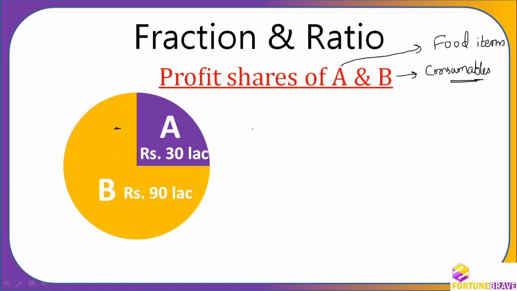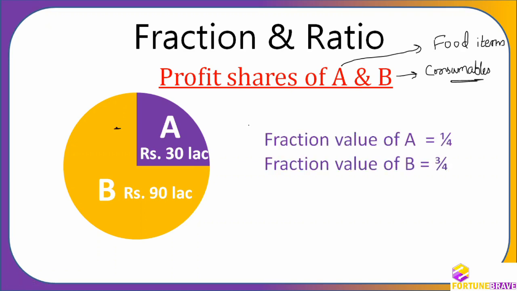Now, if I want the ratio of A and B, we will try to understand the fractional value first. What is the fractional value here? When we are talking about ratio, we need to understand the fractional value as well. So A vertically is contributing how much part of the total profit? That is your fraction.